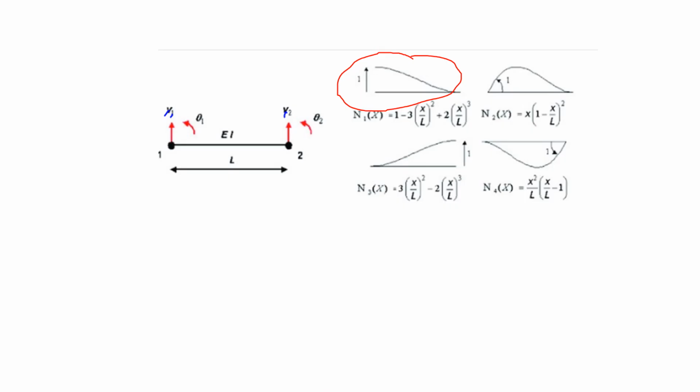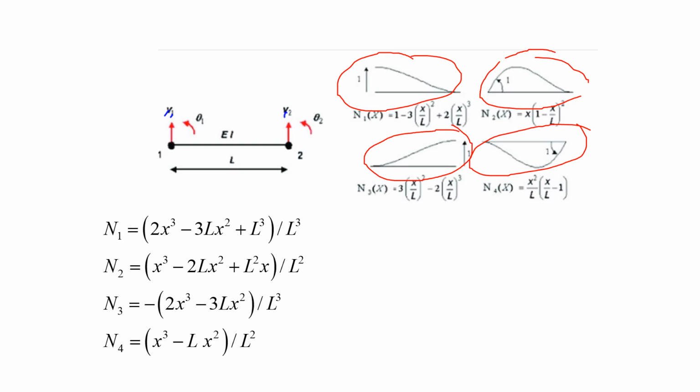Similarly for n2, x varies from 0 to l, and we can develop a graph. Similarly n3 also and n4. These figures represent how the shape functions vary along the length of the beam.